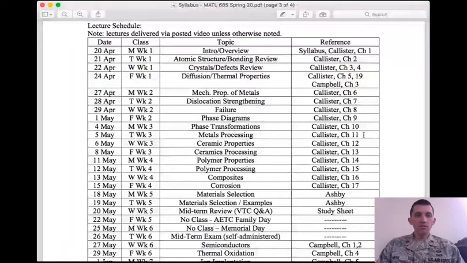For the next week and a half or so, we'll be covering metals, starting with an overview of mechanical properties today, and then dislocation strengthening, which is the primary mechanism for strengthening materials.